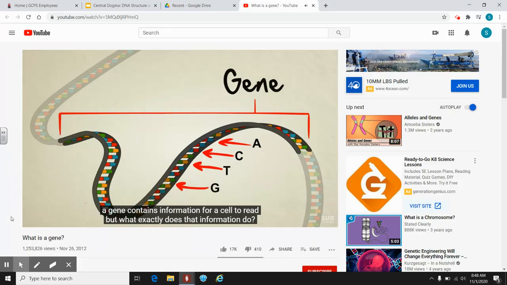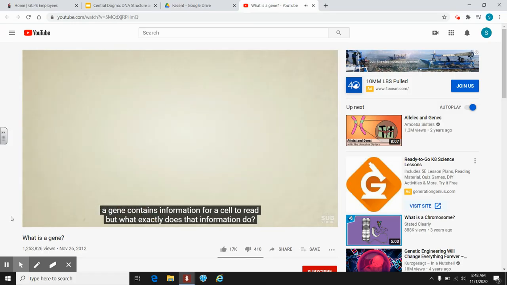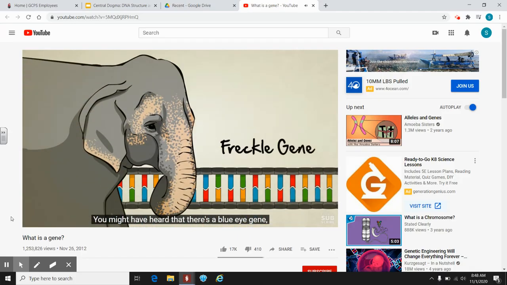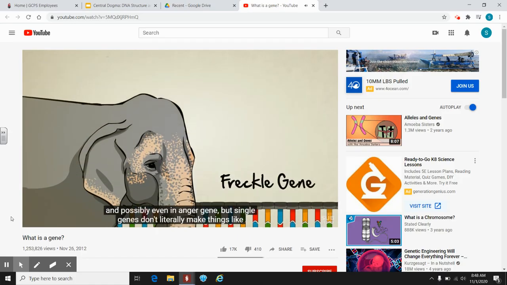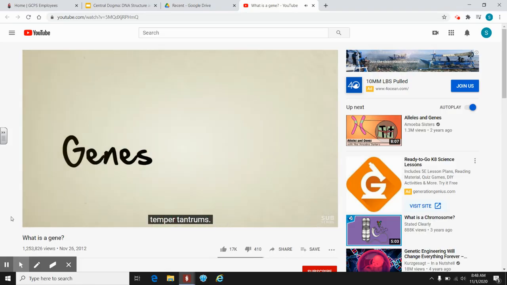A gene contains information for a cell to read and use, but what exactly does that information do? You might have heard that there's a blue-eyed gene, a freckled gene, possibly even an anger gene, but single genes don't literally make things like eyeballs or freckles or temper tantrums.